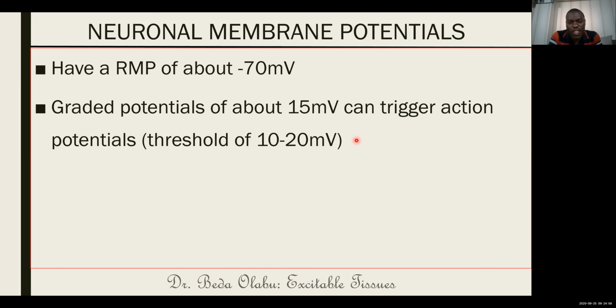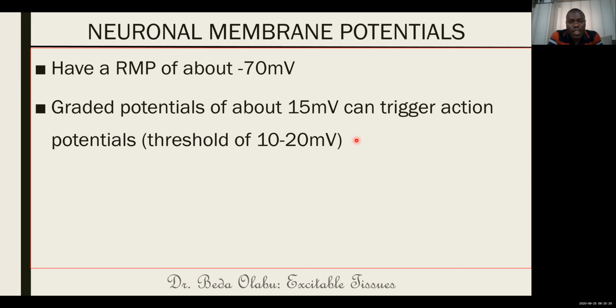So if it's at negative 70, and the disturbance makes it go to negative 50, it will definitely generate an action potential. Now I want to ask a question to you.